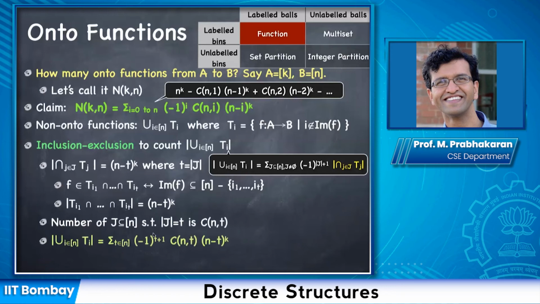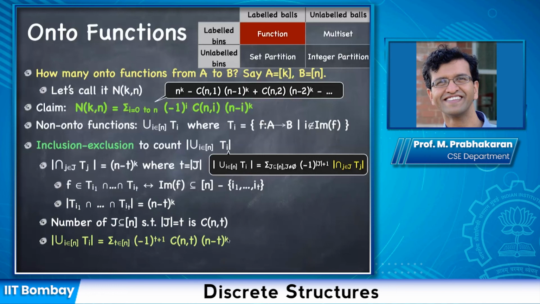So now I do have the thing I wanted, the total number of non-onto functions. I can write it as a summation over t from 1 all the way to n, of (-1) to the t plus 1 times (n minus t) to the k, each multiplied by n choose t.